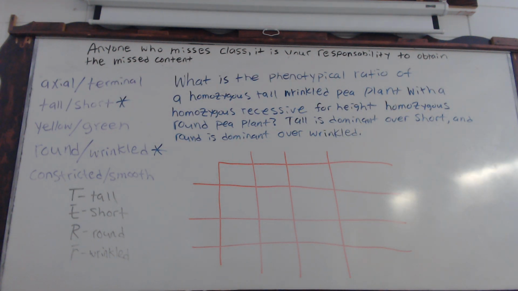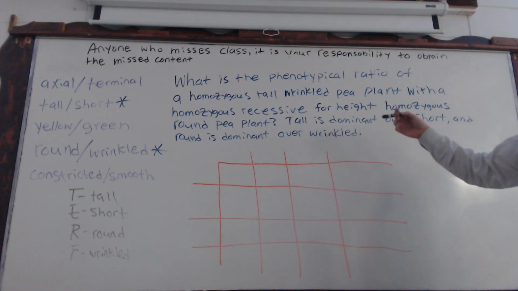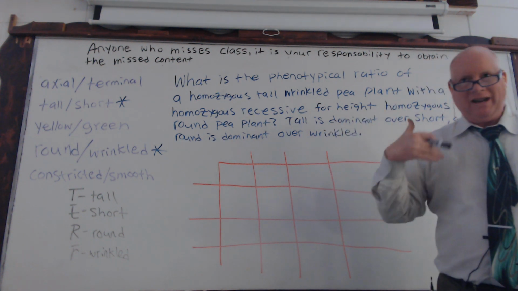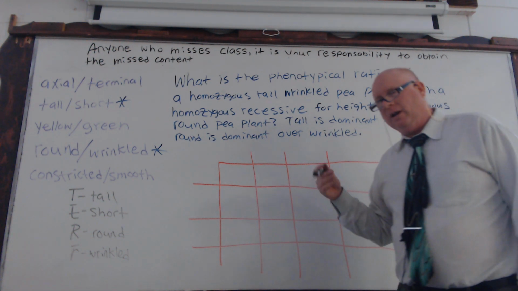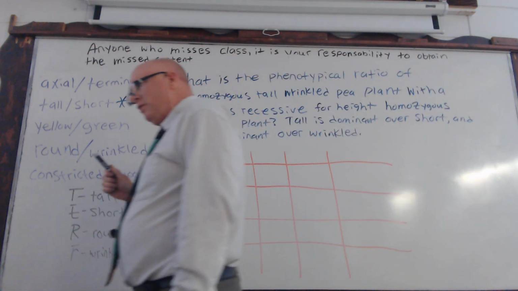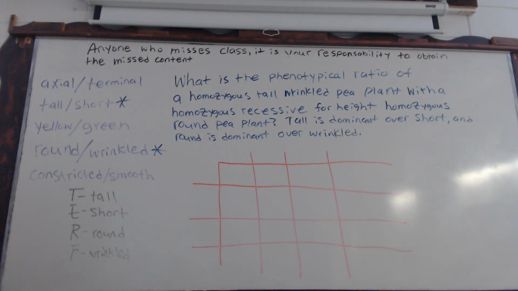Now, this happens when we're talking about a complete dominant cross. Tomorrow we might get into codominant and maybe incomplete dominant. The best way to see that is through different coat colors of cattle.